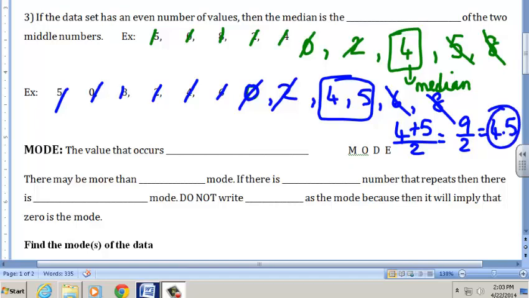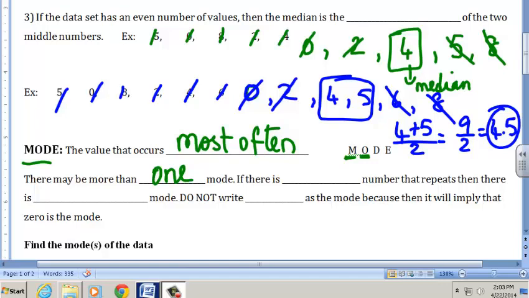Okay. Mode. What is a mode? It just means the value that appears most often. So that's how I ask students to remember it. M, most, O, often, most often. Okay, there may be more than one mode. Usually there's 1.